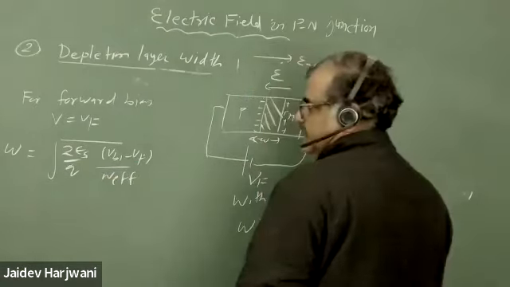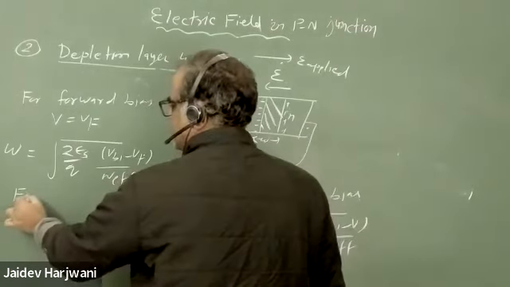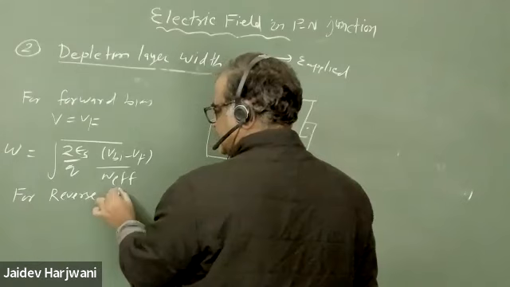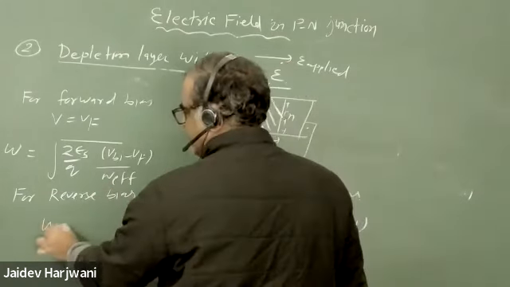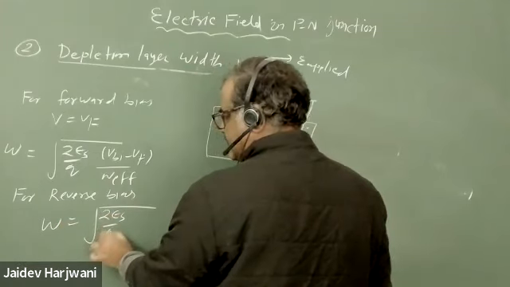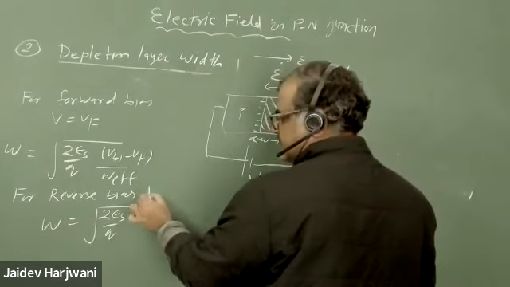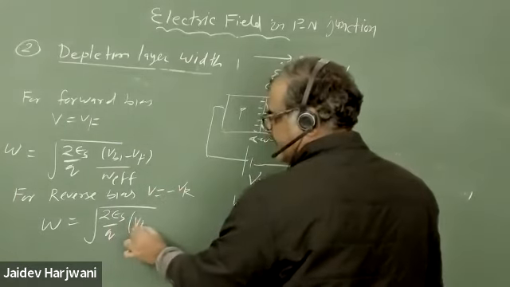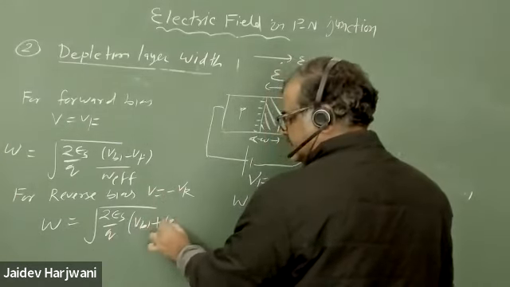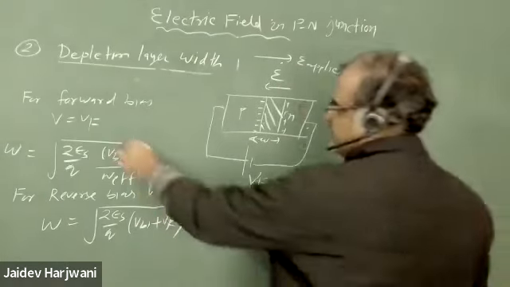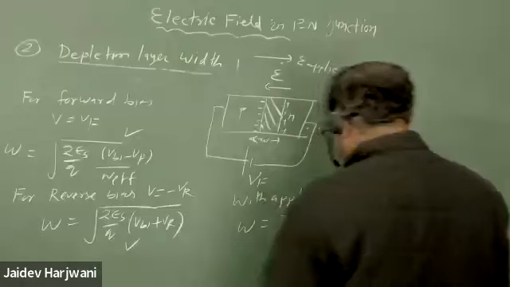For reverse bias, we apply minus VR, so it becomes VBI plus VR.